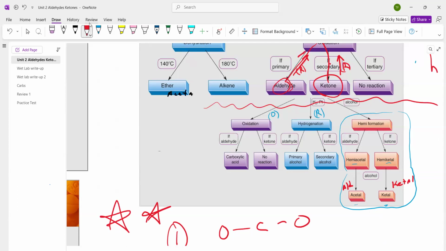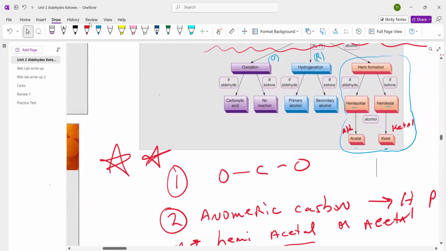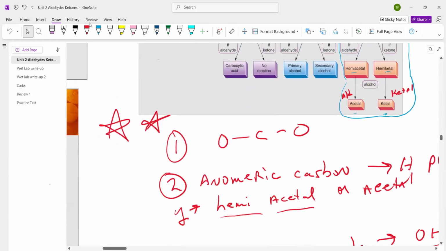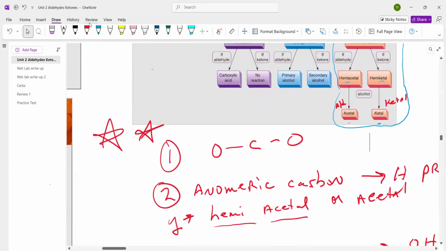Okay, so excuse me. We talked about ethers being COC.